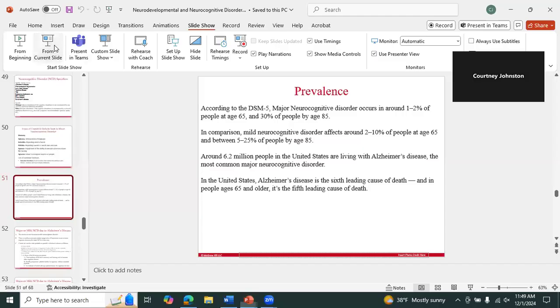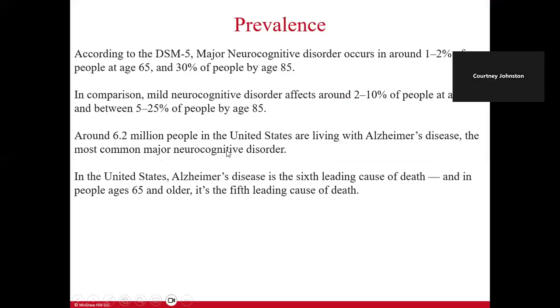Okay, so in regard to the prevalence rates with major neurocognitive disorder, according to DSM-5, it occurs in around 1 to 2% of people at the age of 65. And by the time somebody is age 85, about 1 out of every 3 people have this.